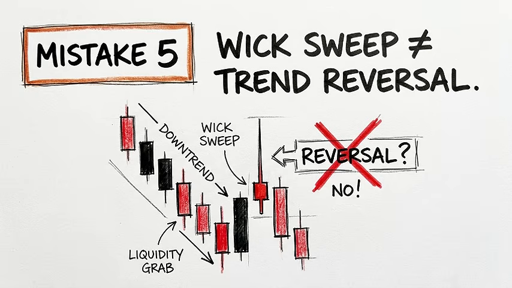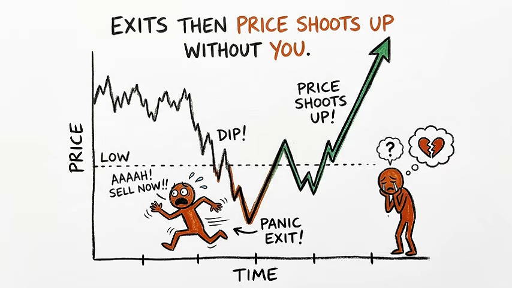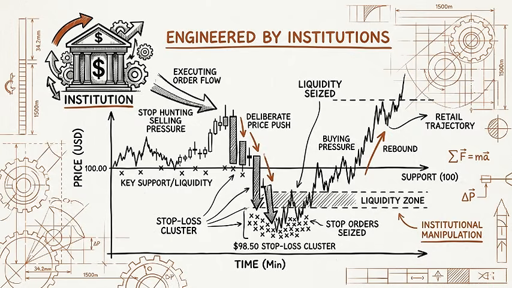Mistake number 5. Treating a wick-based sweep as a trend reversal. Price drops below a key low, you panic, you exit or reverse your position. Price immediately shoots back up without you. This is one of the most common and most expensive experiences in retail trading, and it happens because institutions specifically engineer it to happen.